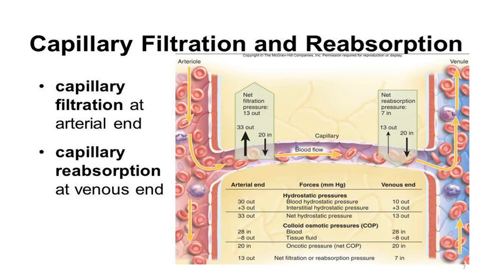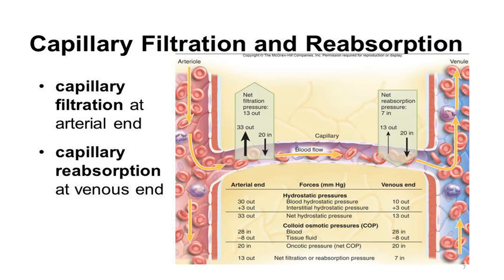So, in summation, in all of the capillaries in our body, in the arterial end we have 16 milliliters of fluid exchanged from the capillary into the interstitial fluid, and in the venous end we absorb 14 milliliters of fluid from the interstitial fluid into the capillary.